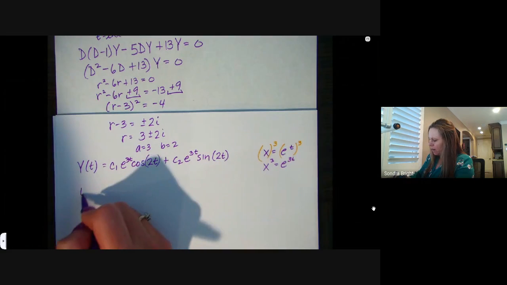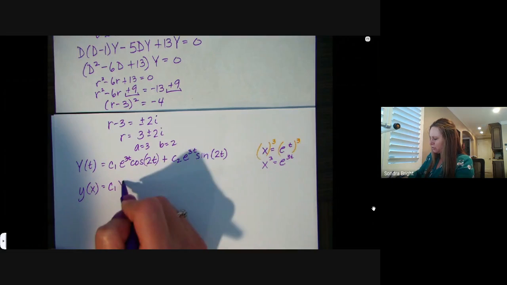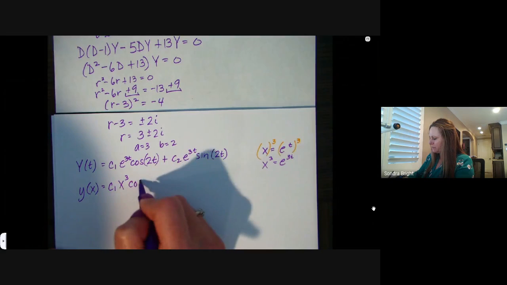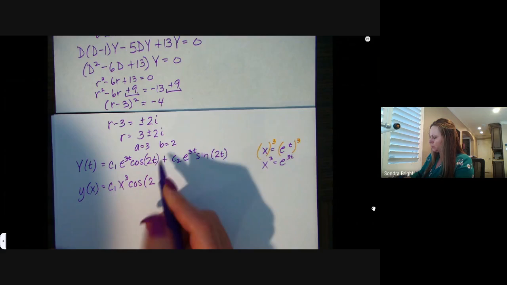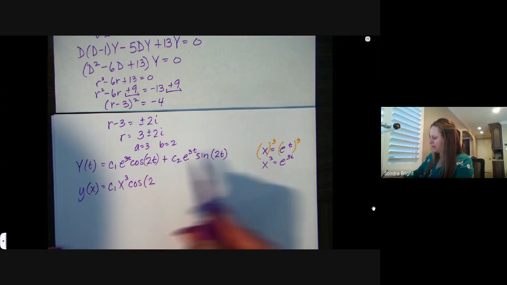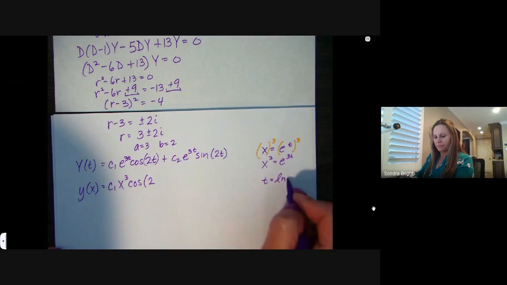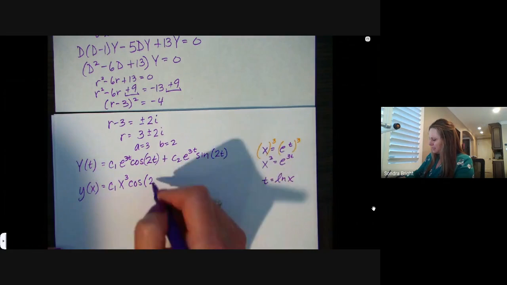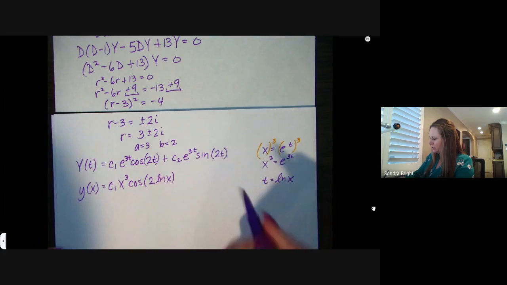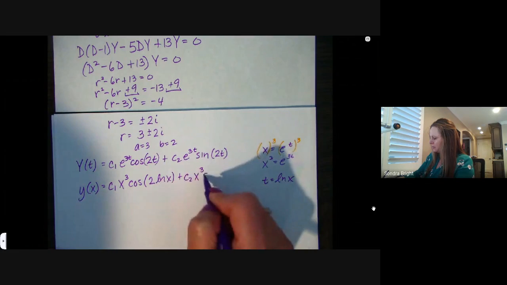It'll be c1 x cubed cosine of 2 times, oof, all right, I got a t there. Remember, if x is equal to e to the t, t is equal to the natural log of x. And then plus c2 x cubed times sine of 2 times natural log of x.